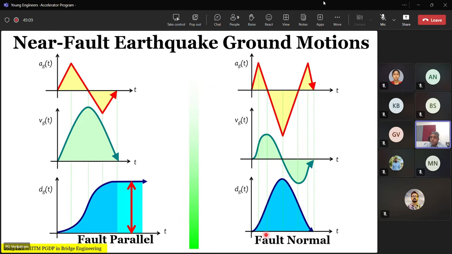And as far as displacement is concerned, in the fault normal direction the net displacement will be close to zero. Only in fault parallel will there be net residual displacement. We are not talking about far fault, we are understanding the phenomena at near fault. Far fault, you will not have any residual displacement. You will always have a return to zero displacement for far field.